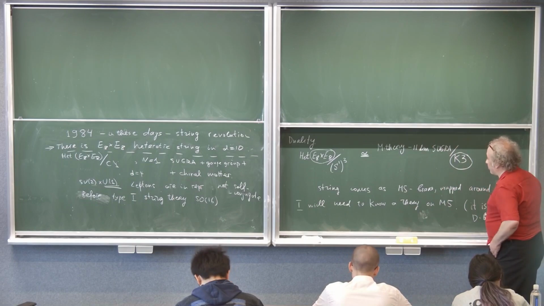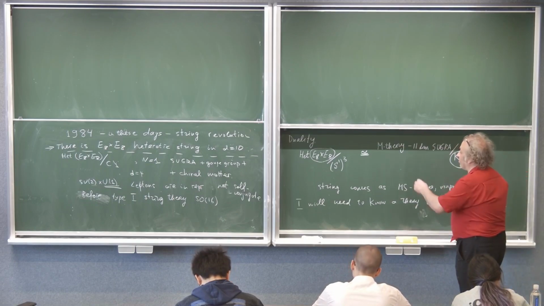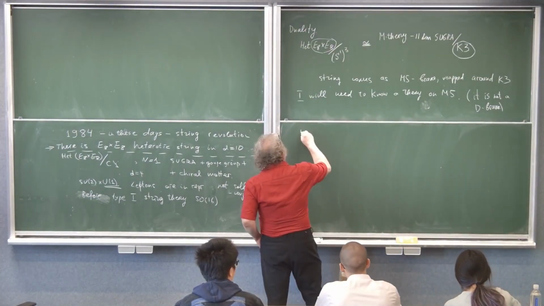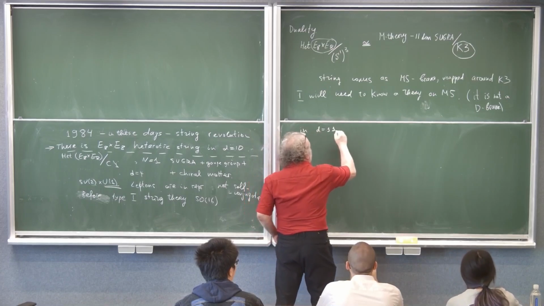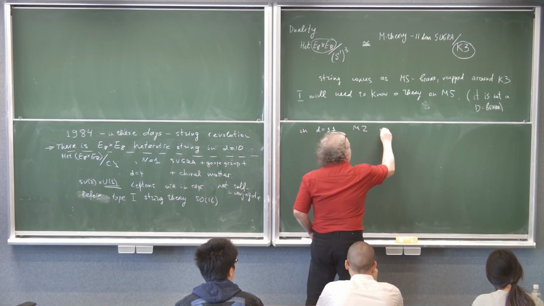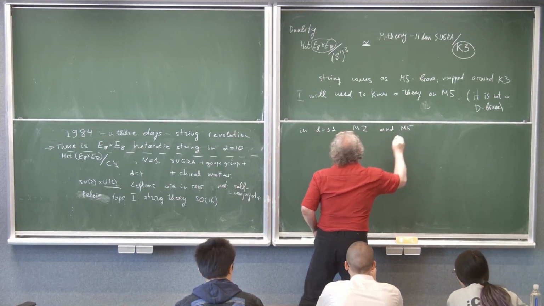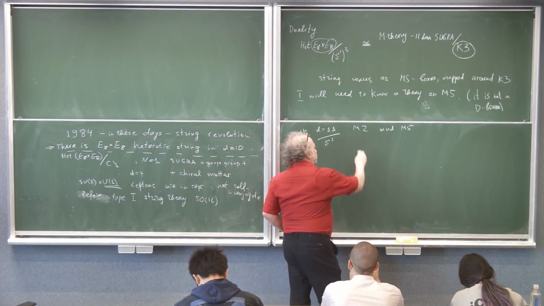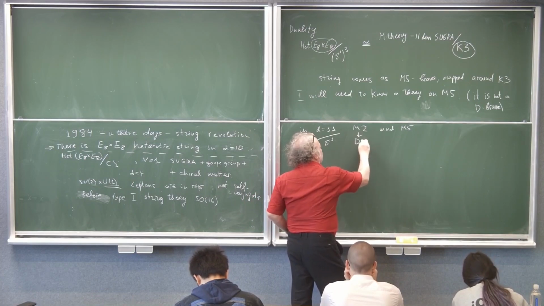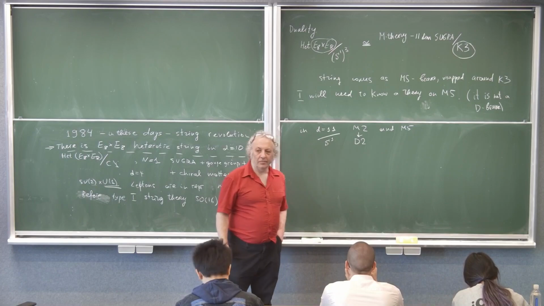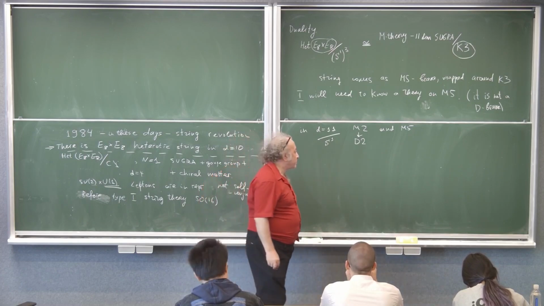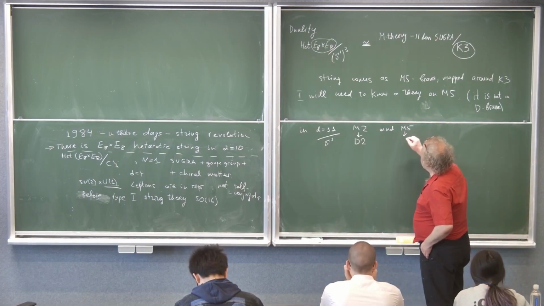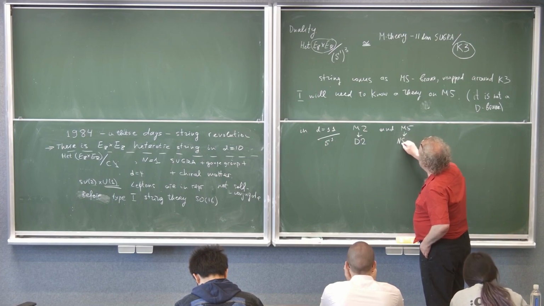When I say that it's not a D-brane, I mean the following. There are no strings in M theory, so we did not take the brane. In D equals 11, we had M2 and M5. But then we compactify on S1. So M2 goes to the D2-brane. And now what happens to M5? M5 goes to the so-called NS5.